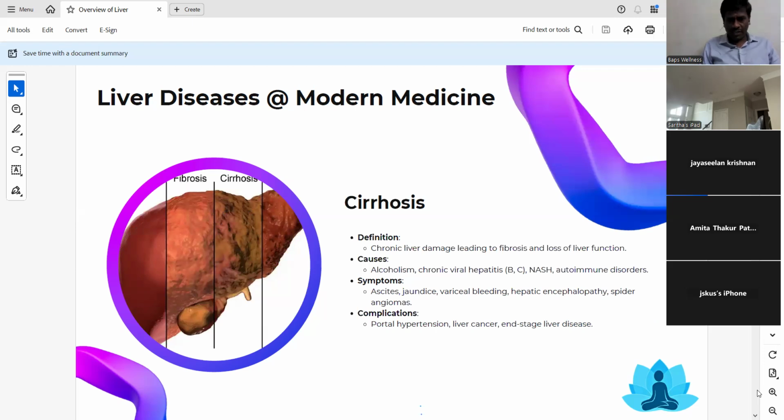Next is cirrhosis. Cirrhosis is chronic liver cell damage that leads to fibrosis. So the hepatocytes in the affected area are dead, non-functional.